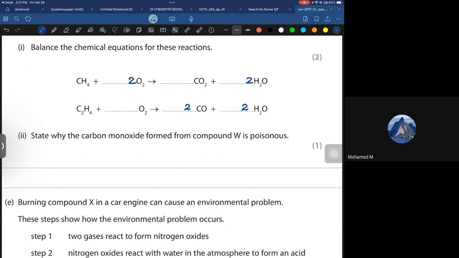So now we have four hydrogens, three oxygens. Do we need to add another two in front of the oxygen there? Because we have four oxygens on one side and only two on the other side. So we need to add another two. This is two. Yeah, it's easy.